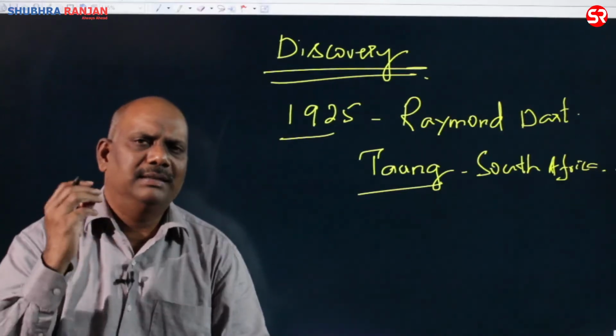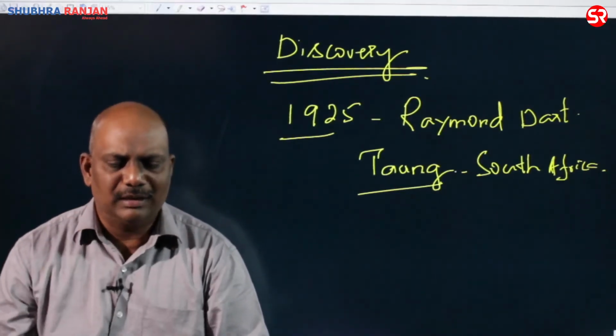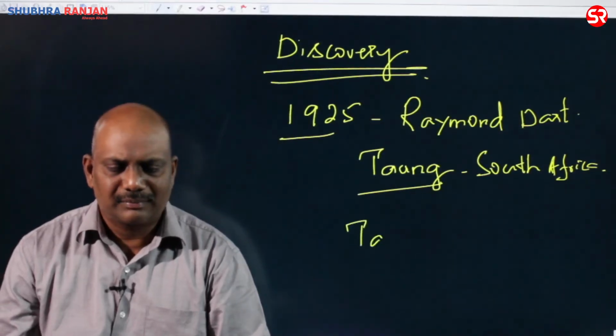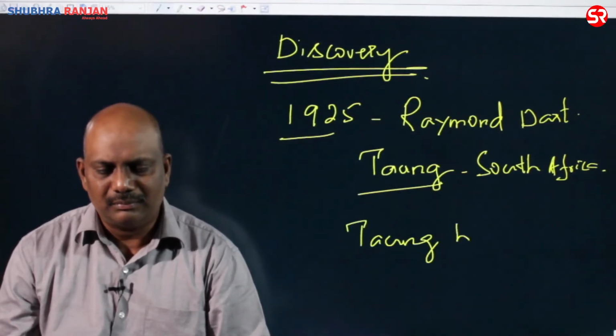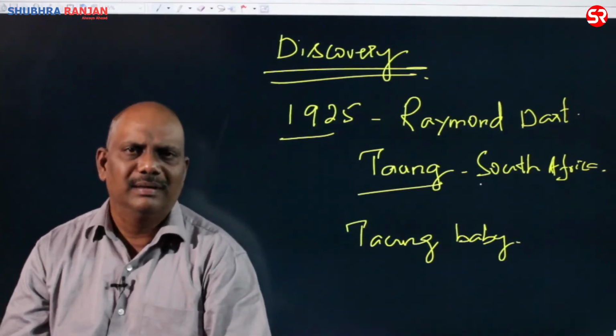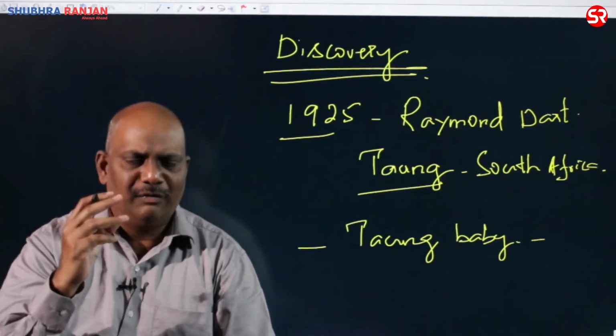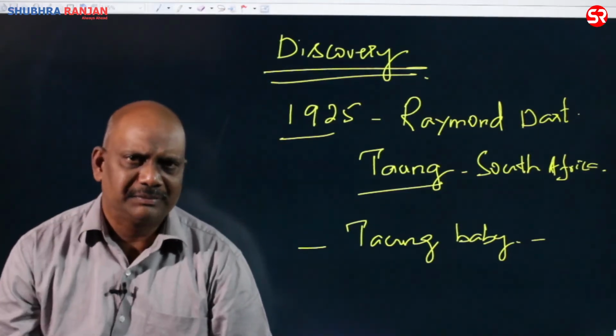This was a fossil of a small baby, and this fossil was named the Taung baby. So the Taung baby is a fossilized form of a baby Australopithecus.